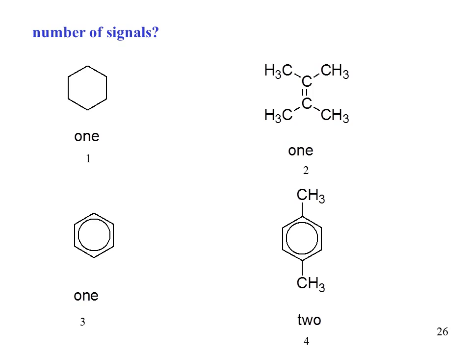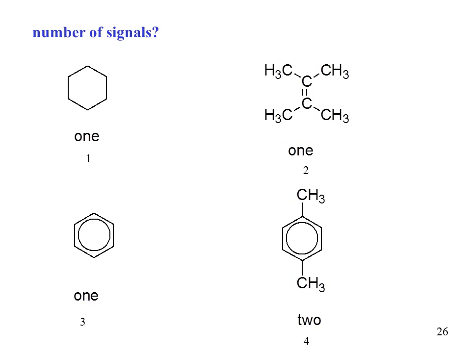Now we take different examples to determine the number of hydrogen types in each compound. Compound 1 has 1 type of hydrogen, because cyclohexane contains 12 hydrogens, all of them equivalent, while compound 2 also has 1 type of proton, or in other words gives 1 signal in the NMR spectrum, because all protons are equivalent.